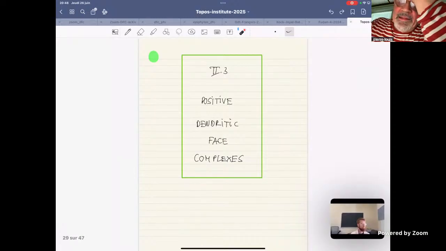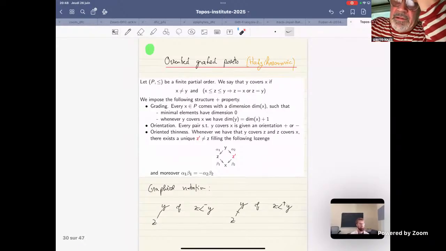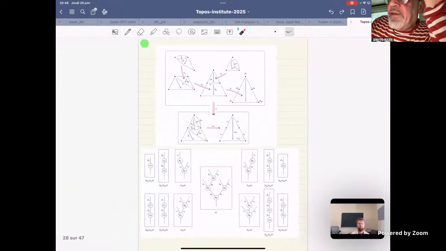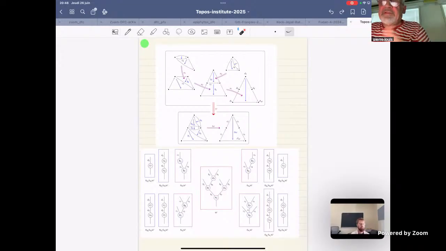And finally, I want to give a short introduction to the phase complexes, dendritic phase complexes. So it has in common with Marek Zawadowski's work that the idea is to record all the faces appearing in these pictures and their relation with each other, their subface relation.